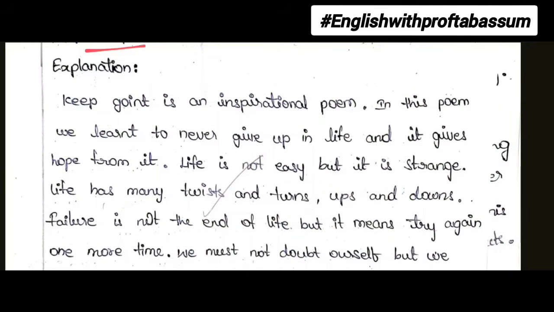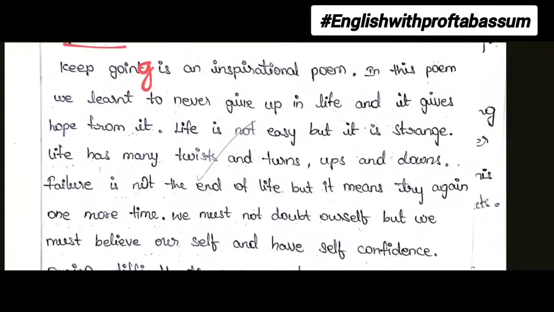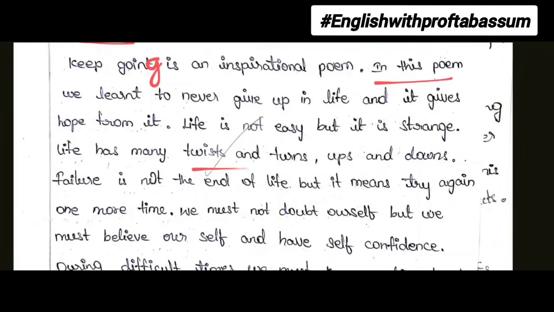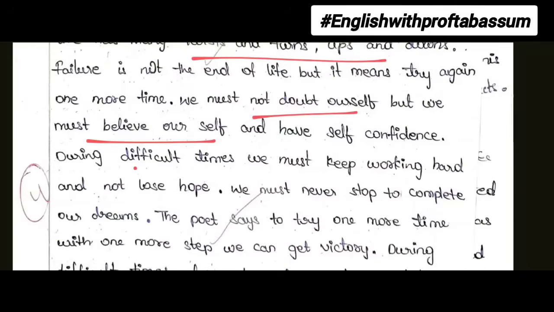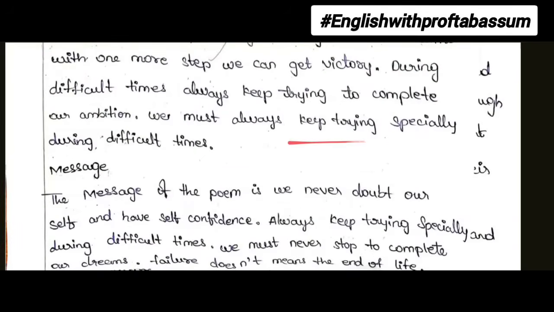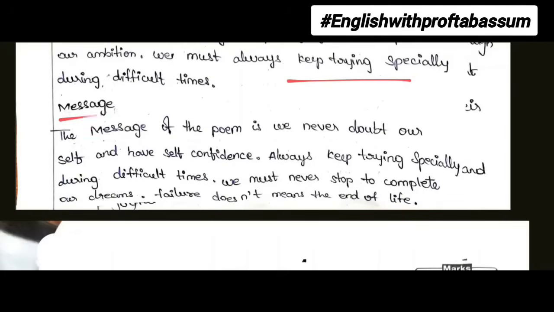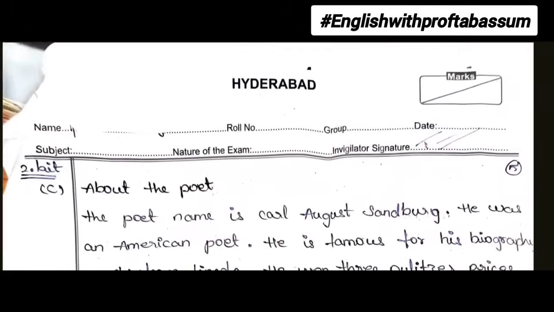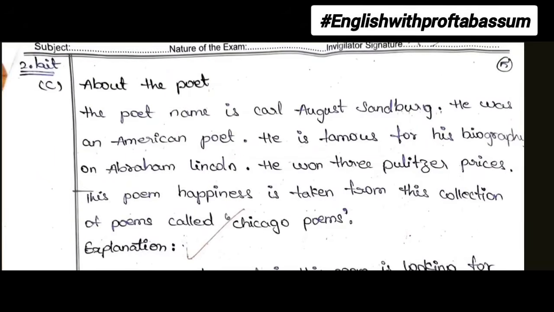It's just about hard work, believing in yourself, never doubting yourself, because you never know how close you are to success. Life is not easy, it is full of ups and downs. All these things you will mention in the explanation. Then you will write the message of the poem. The message of the poem is, whatever you have learned, you can write, like about self confidence, believing yourself, and so on.